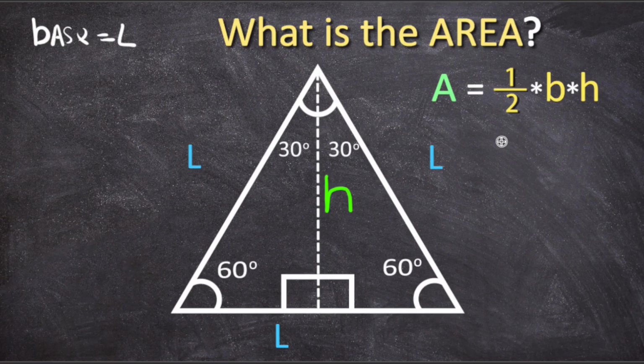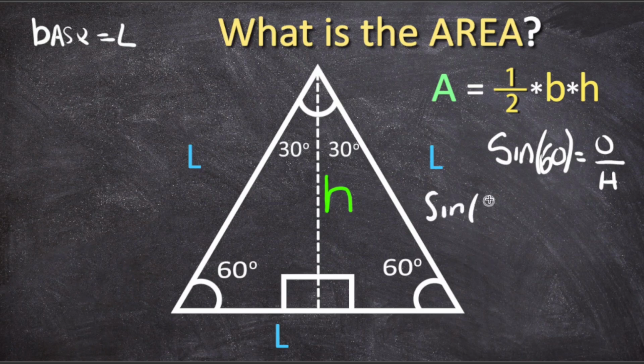Hopefully you know that the sine of an angle equals opposite over hypotenuse. We're using 60 degrees, so let's put 60 in there. So sine of 60 equals opposite. Well, opposite is the height of this triangle, over hypotenuse.